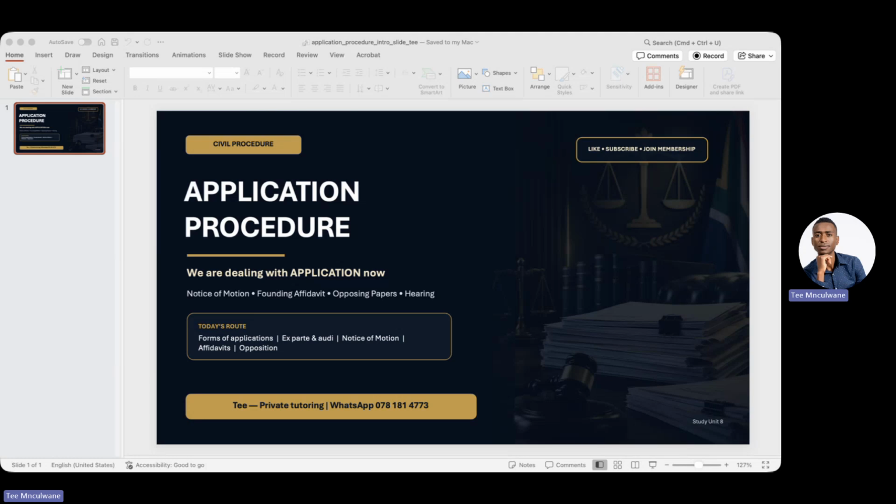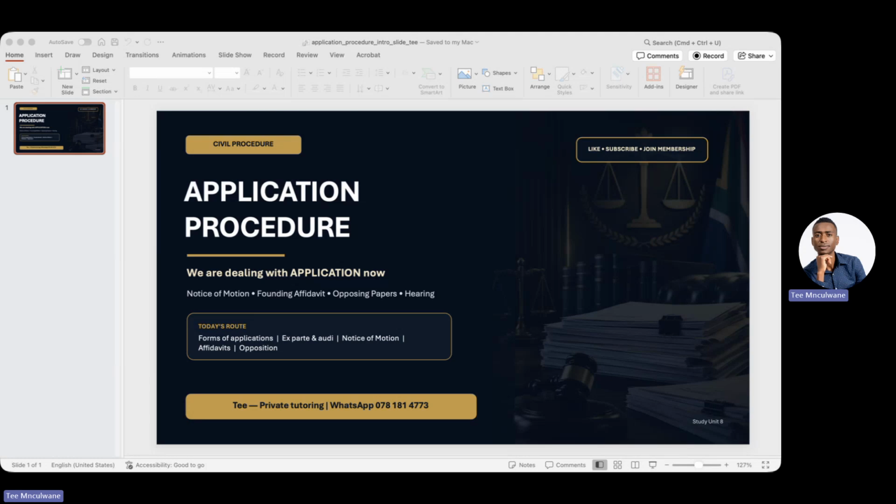You don't bring an ex parte application just because you are in a hurry or because you don't like the respondent. You bring it only when the law permits it or where giving notice will defeat the purpose of the application, right? Now let's use a simple example. Imagine someone is about to move money out of a bank account to hide it from the creditors.